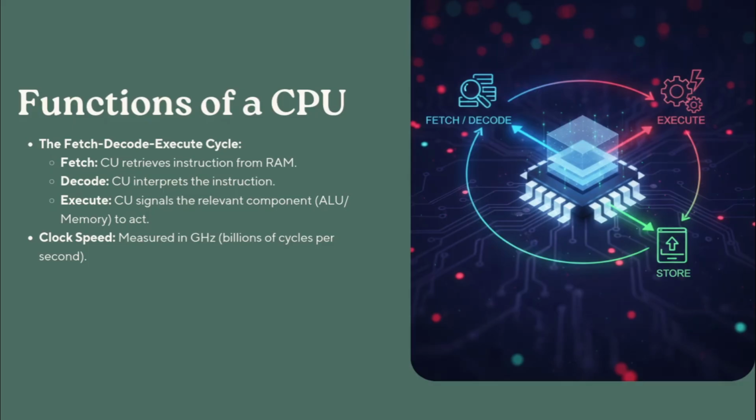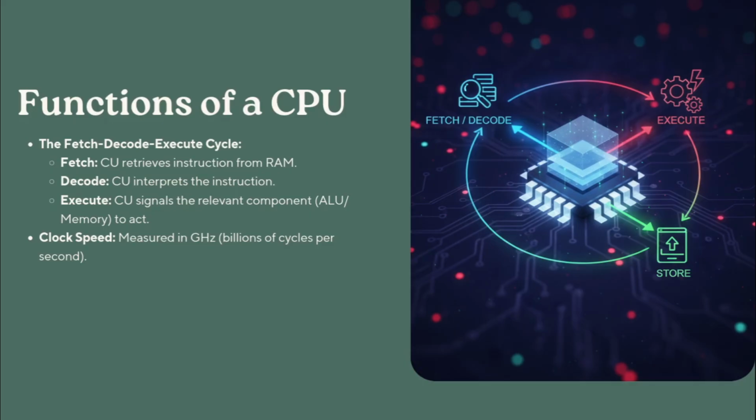The CPU is best understood by how it executes instructions. It uses a process generally known as the fetch, decode, execute cycle. First, in the fetch stage, the control unit fetches the next instruction from memory, the RAM. Second is decode. The CPU works out what needs to occur, for example, adding two numbers or retrieving stored data.